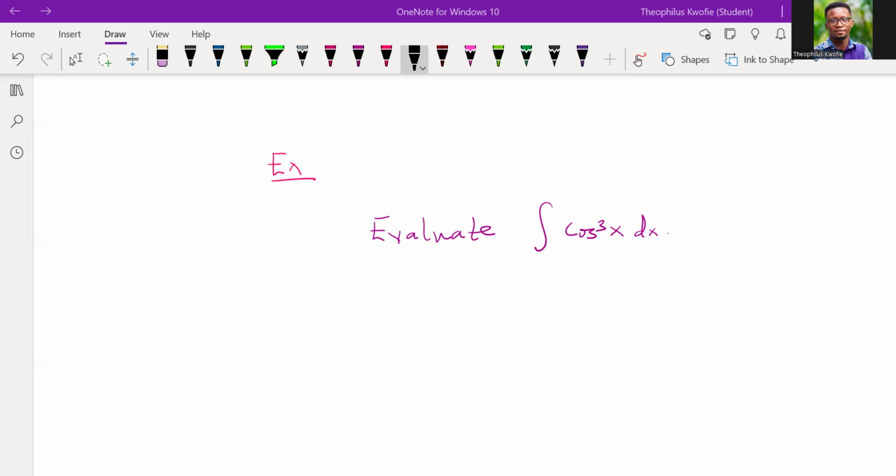So let's get going. All right, so we have this problem, which is to evaluate this nice integral.